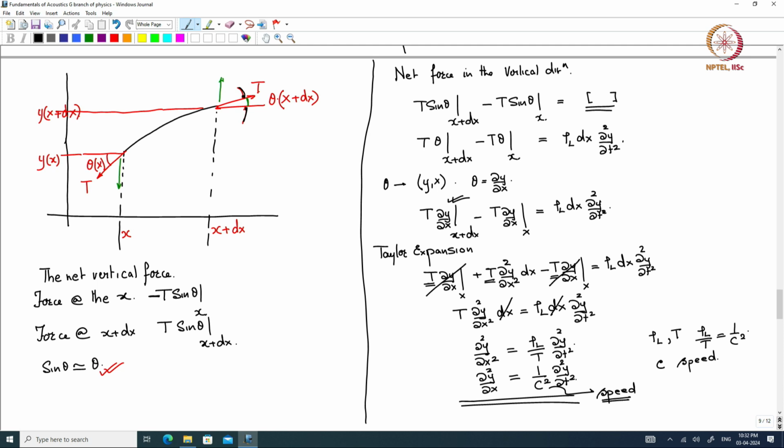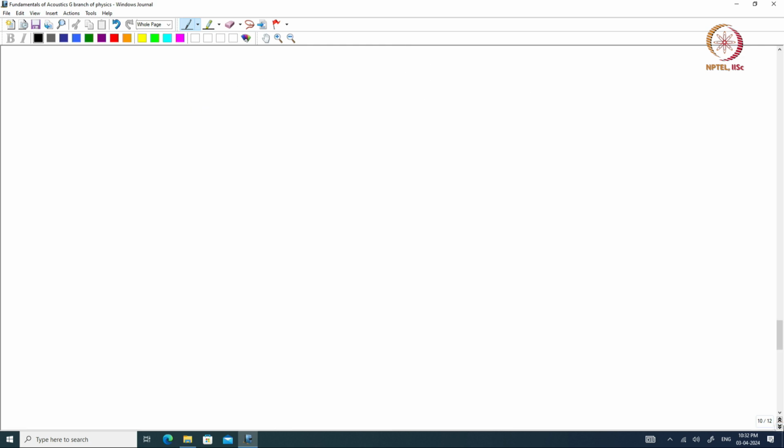Now, the general solution to this equation, del 2y by del x square equals 1 over c square del 2y by del t square, is given by y(x, t) equal to some function f of x minus ct plus some other function g of x plus ct.